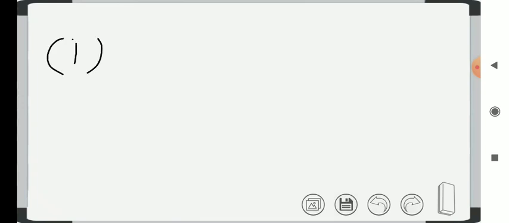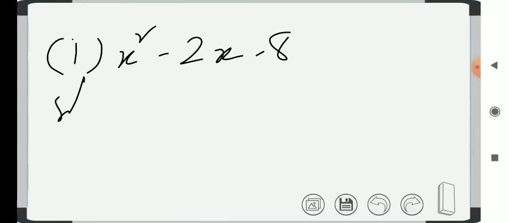So question number 1, x square minus 2x minus 8. This polynomial p of x, x square minus 2x minus 8, is a quadratic polynomial. How can we find the zero of the polynomial? What do we mean by zero of the polynomial?